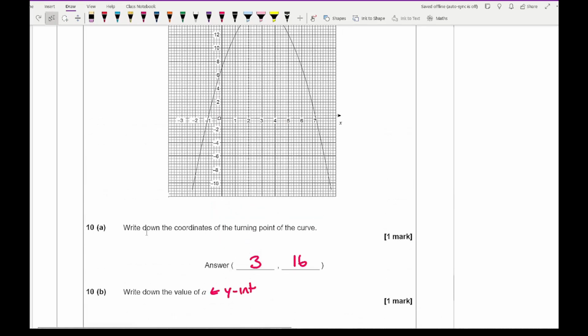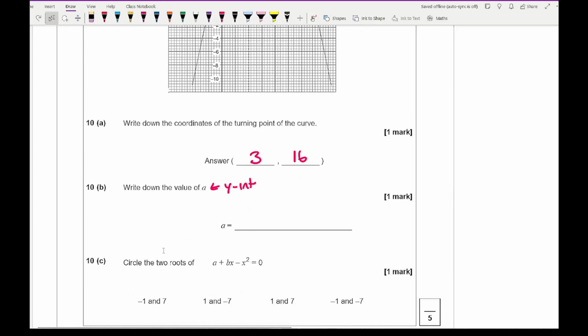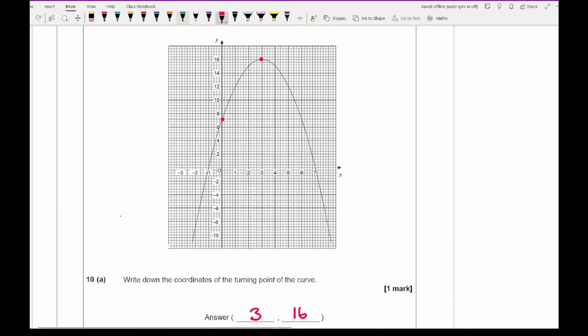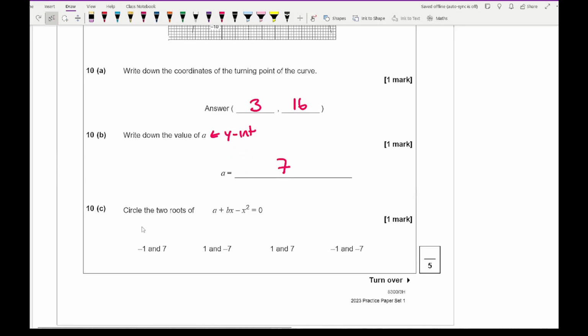And so going back to the graph, the y-intercept's at 7. So that means that a is going to equal 7. It then says circle the roots of a plus bx minus x squared equals 0. And the roots are basically where it crosses the x-axis. So it's going to be at -1 and 7, which is our first option.